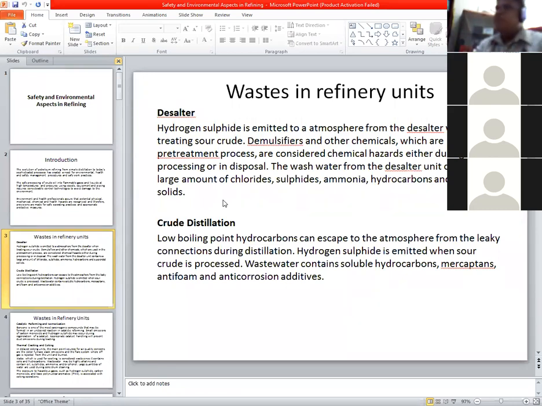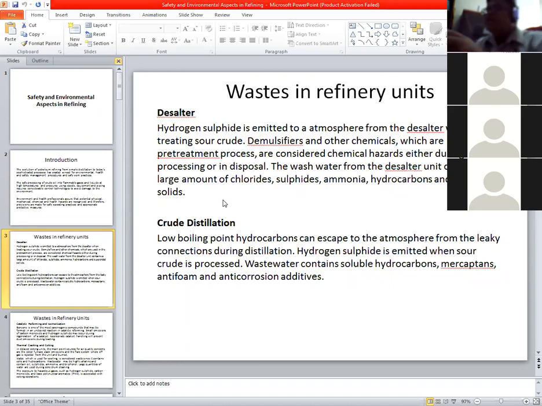Moreover, in the desalter, we are using a de-emulsifier and an anti-foaming agent. The de-emulsifier is actually a polymer additive to accelerate the desalting activities. And anti-foaming is for reducing the foam, because when you do the desalting, foam can be created. So these additives are used.